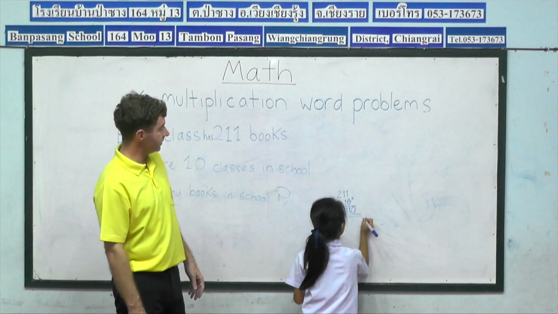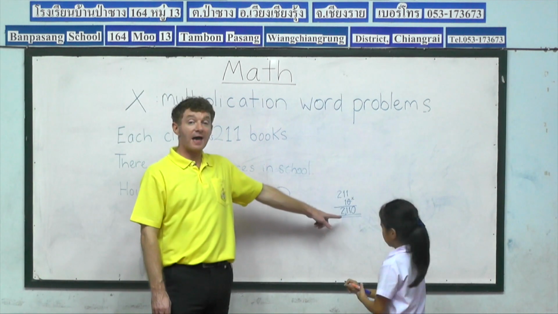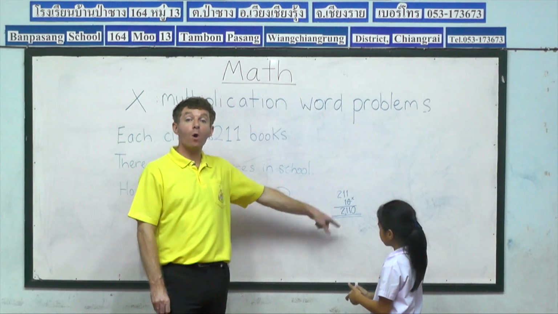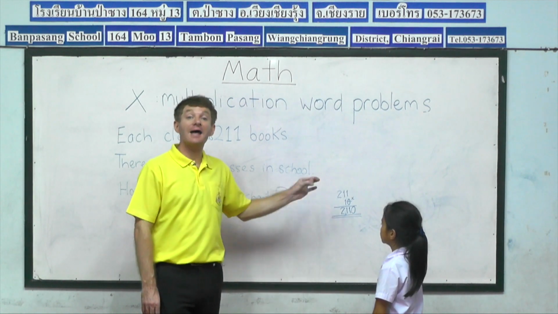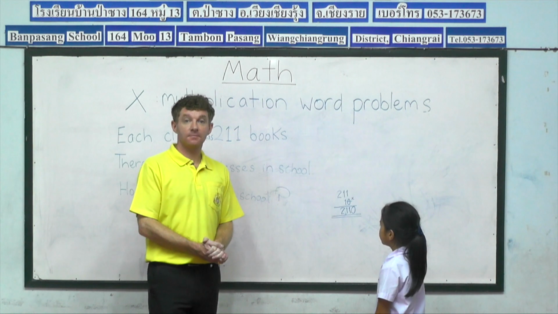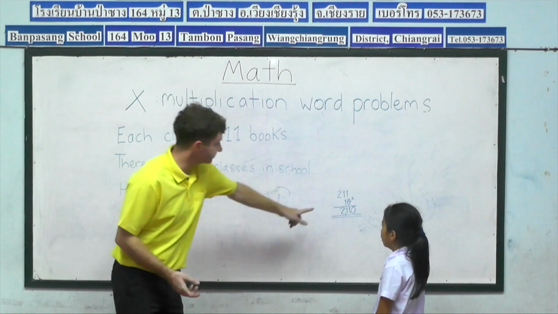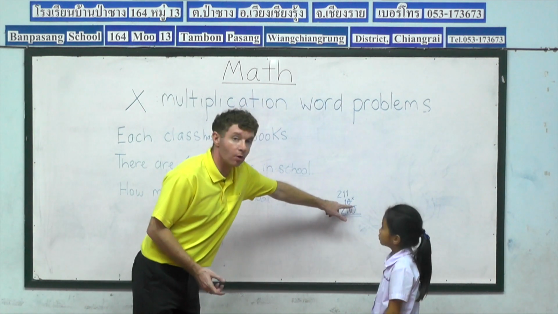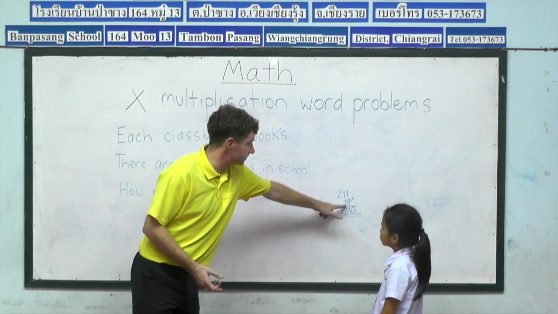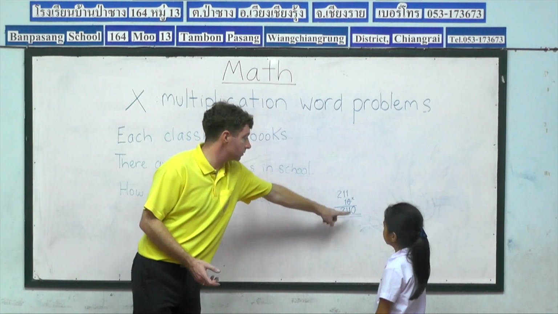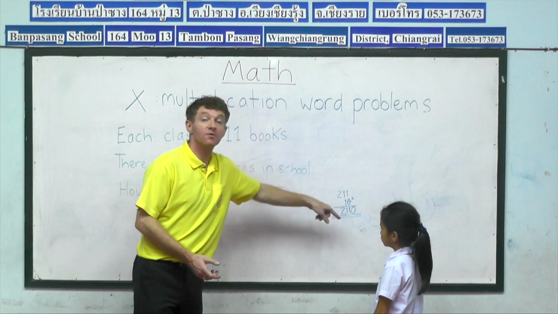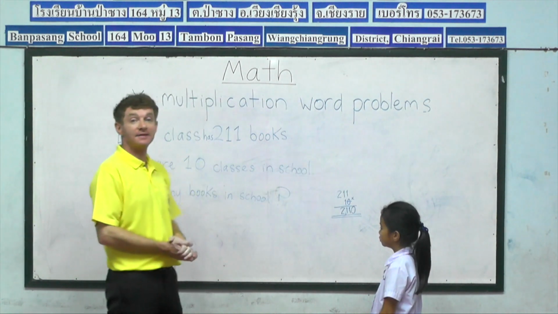So we can say 2,110 is our answer, because the 0 is at ones, so we can go straight to the tens, remove the 0, and the tens is 1. So we just add the 0 back at the end.